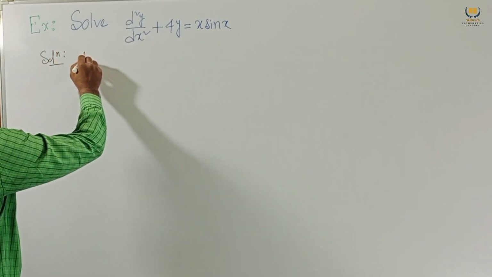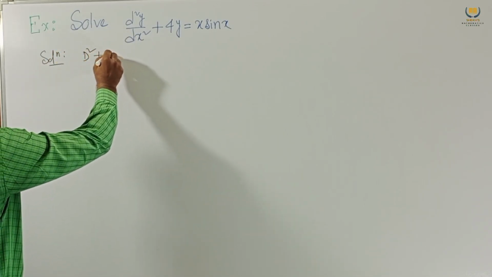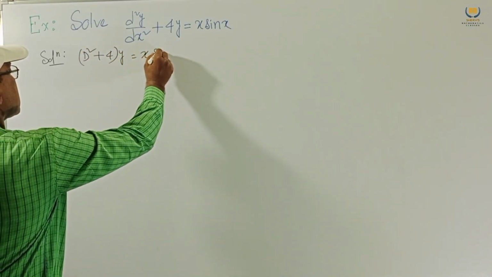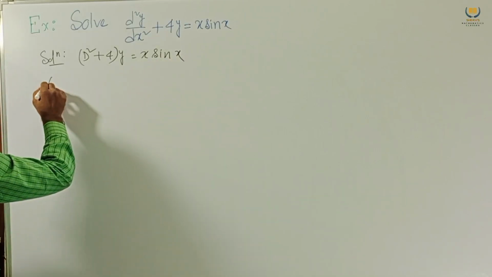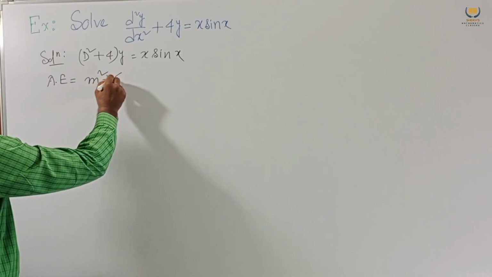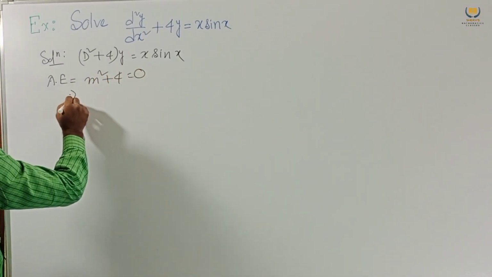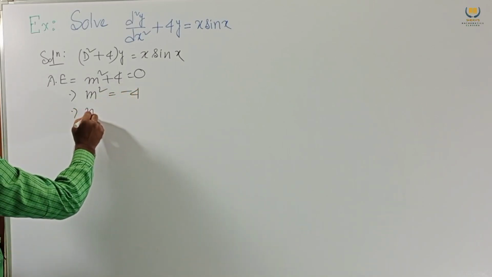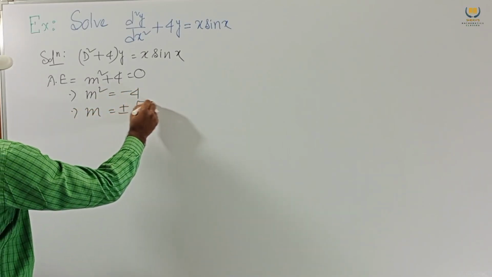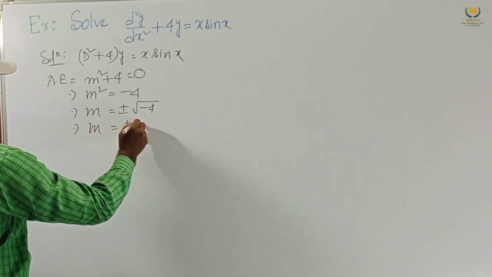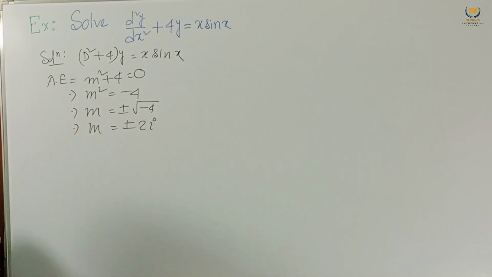We write (D² + 4)y = x sin x. Then the auxiliary equation is m² + 4 = 0, so m² = -4, m = ±√(-4), m = ±2i. The roots are complex.